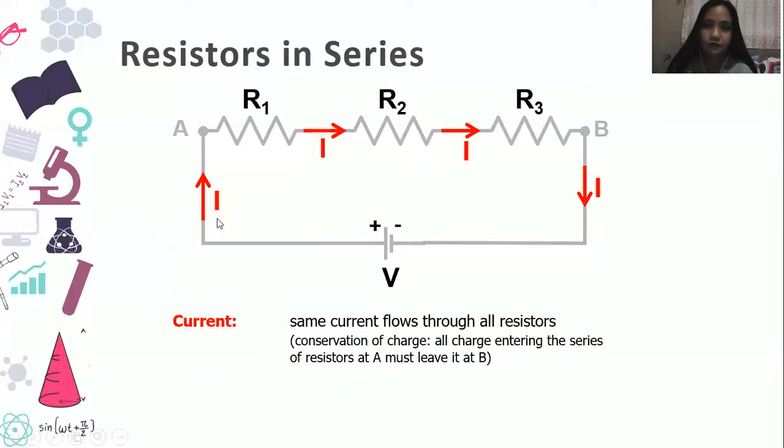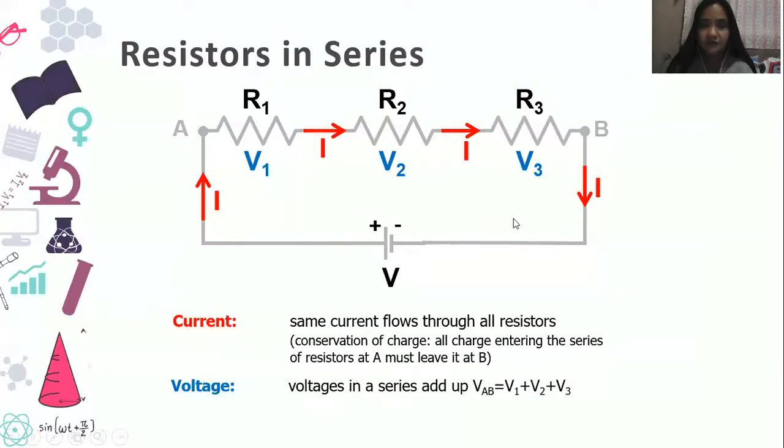Yes, that's true. Whatever current enters point A will flow through R1, R2, and R3. We can actually just assign one current there, and that will be the total current of the circuit.